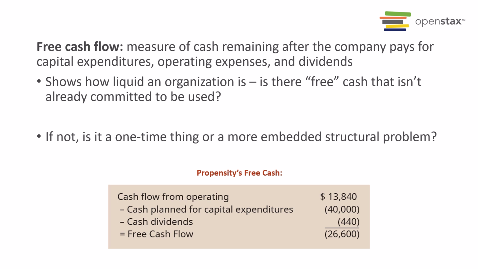So let's begin with free cash flow. This is actually a measure of the cash that you have that is free to grow your business and expand, pay down debt, right? It's the cash that isn't already encumbered or planned for other stuff. The formula for free cash flow is a simple subtraction.